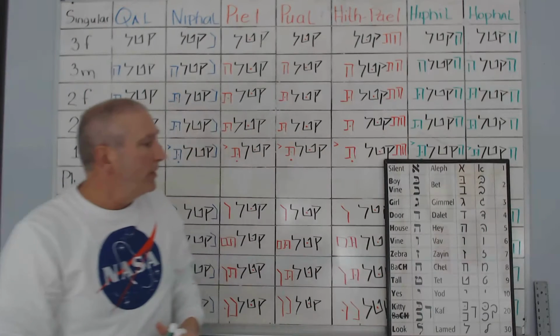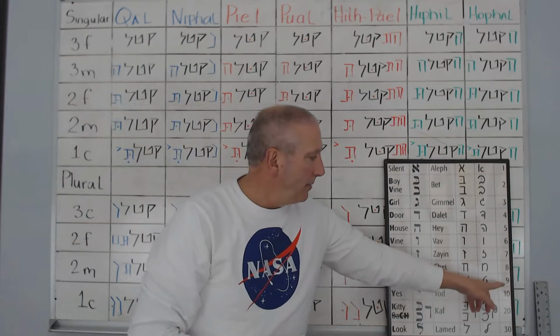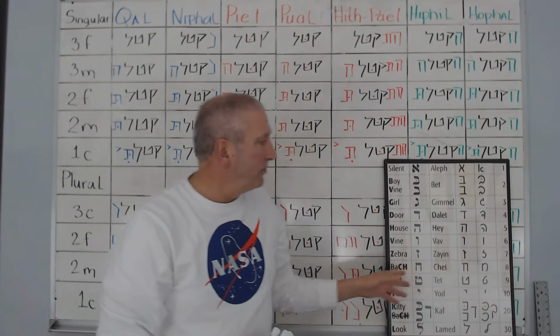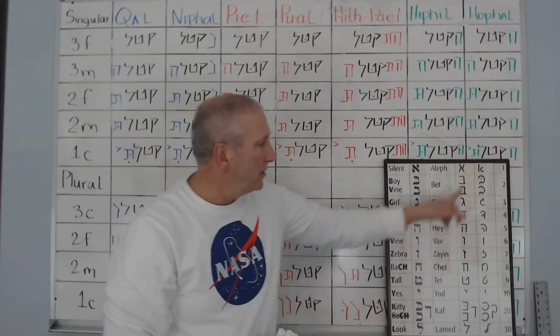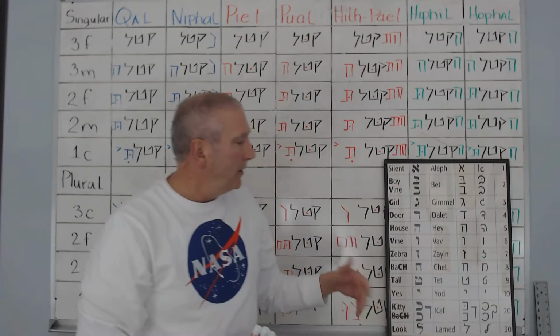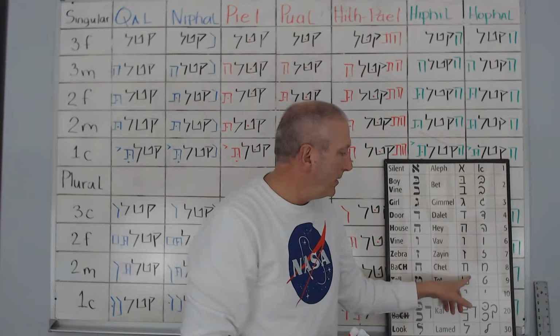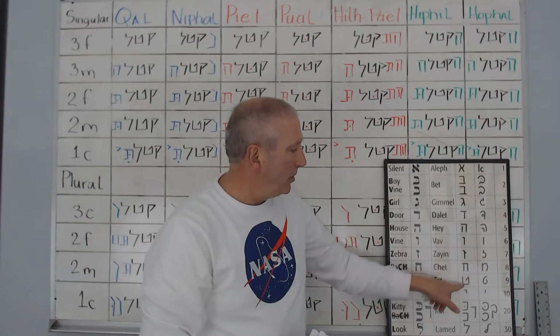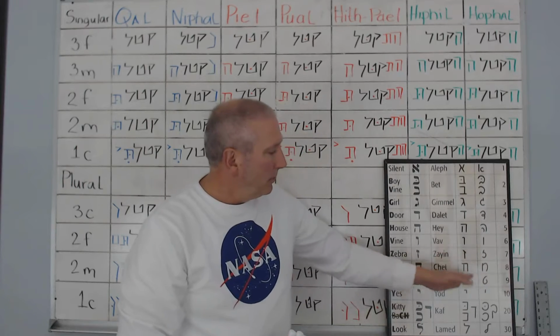So before we go any further, it's necessary to notice tet, numeric value 9. This is from the Sephardic pronunciation, and this is the block form that I use, especially when I teach children. It's easier for them to just learn the lines of a square. Tet, for example, when you draw it, is simply a box with the top closing in.